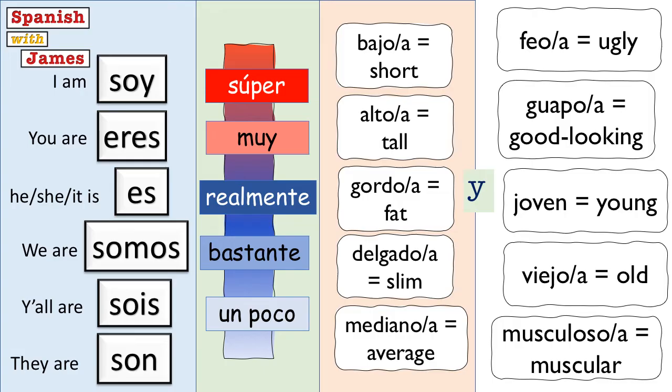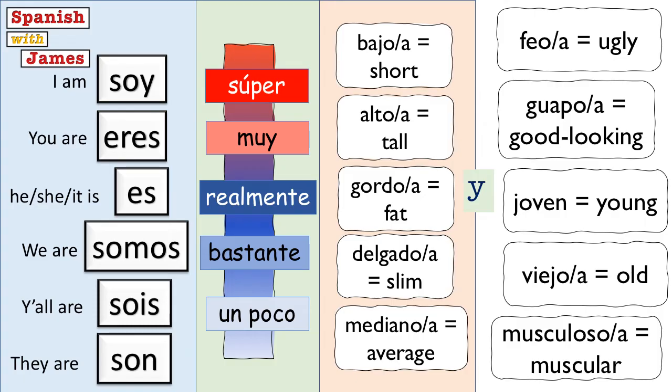Or mis amigos y yo somos realmente bajos y musculosos. My friends and I are really short and muscular. Or mis padres son un poco gordos y viejos. My parents are a little bit fat and old.